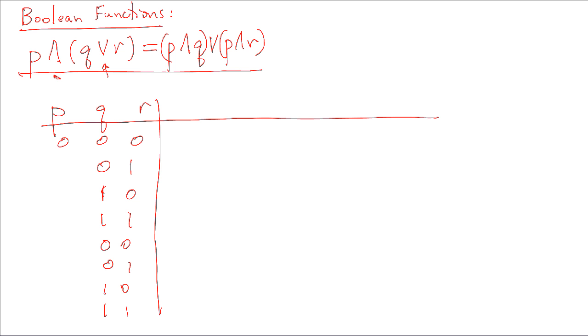I'm going to fill in the first half with zeros and the second half with ones. That's one way to look at this. You can see that I'm just counting in binary from 0 up to 7.